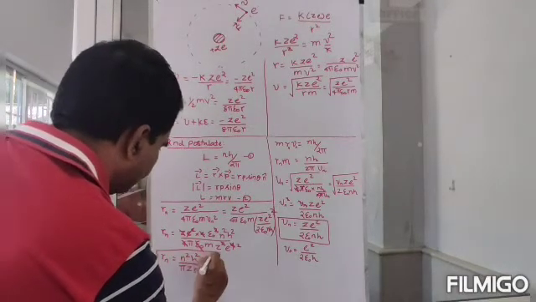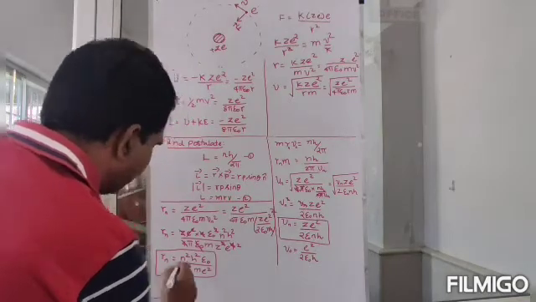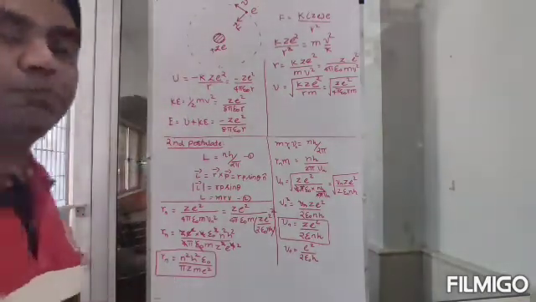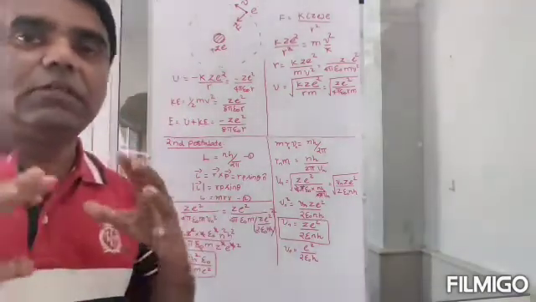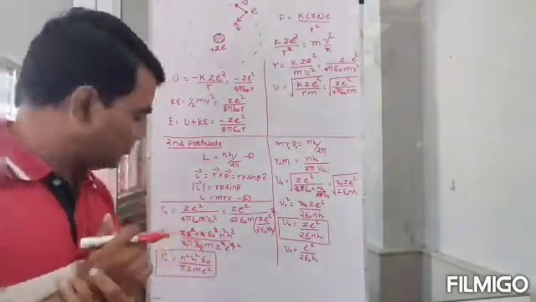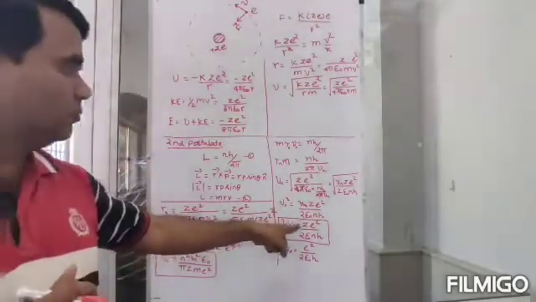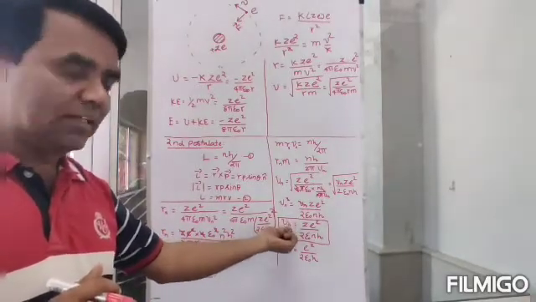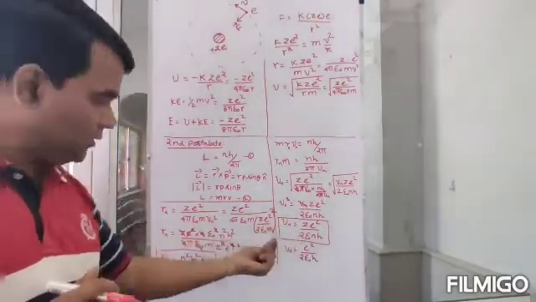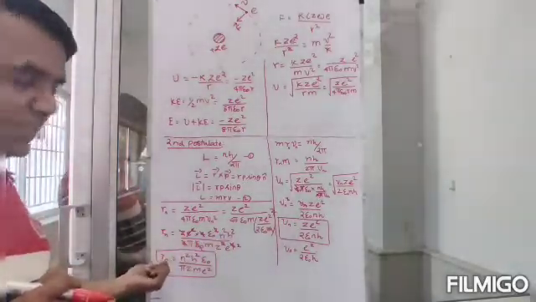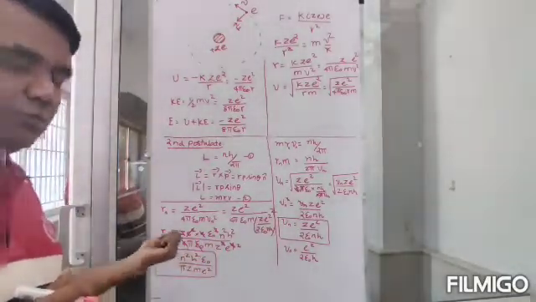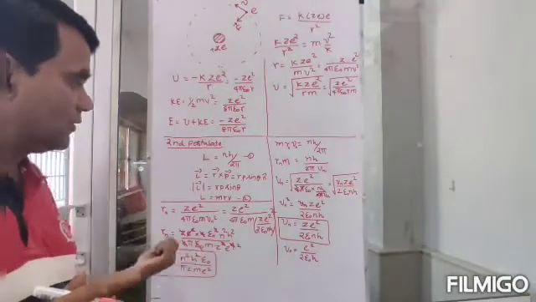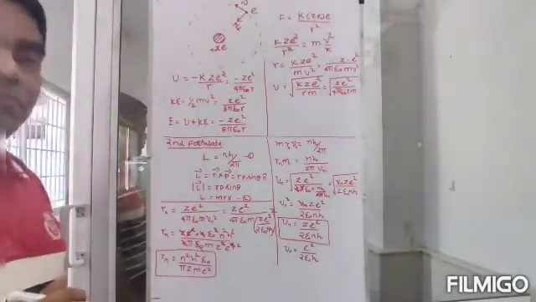This is the radius of the nth orbit for a hydrogen-like atom. So this is the speed of the electron in the nth orbit, and this is the radius of that orbit. So you can very easily find these two things.